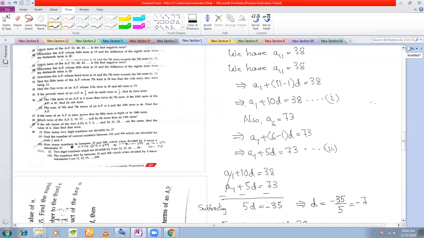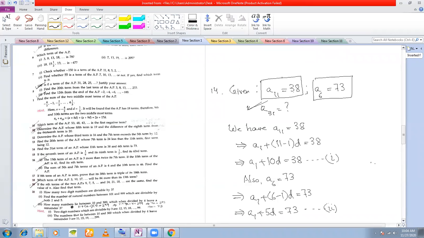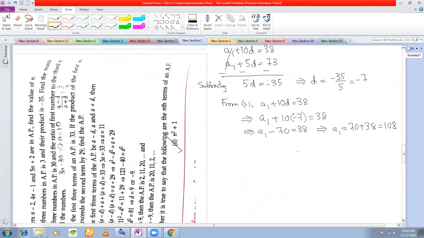The question here was: find A31. If you see in this problem, with the help of A11 and A6, we formed two equations. Okay, we solve the two equations simultaneously to find out the first term and the common difference. Once we found out the first term and the common difference, we can determine the entire AP or any term of the AP also. So we need to determine A31. So what is A31?